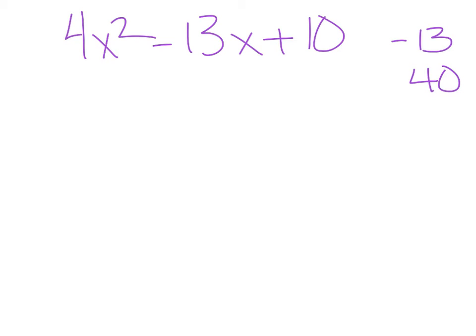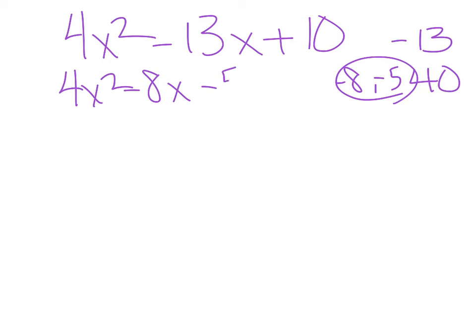Right away, 8 and 5 jump out at me, because if I have negative 8 and negative 5, that would give me 40, right? All right, so let's see. Okay, I think this one looks pretty straightforward. If I do 4x squared minus 8x minus 5x plus 10.